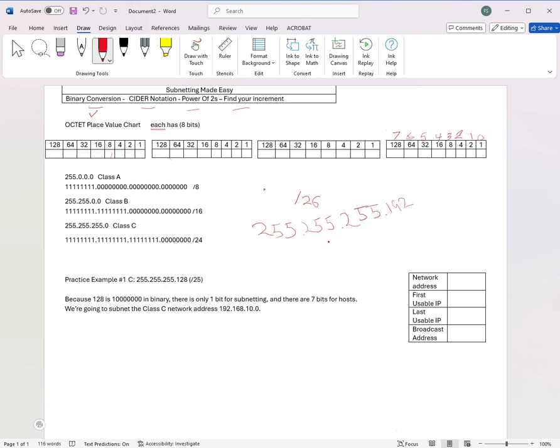This means we have an extra, I'm going to go to my octet chart now, an extra 2 bits on. So I'm going to mark my 2 bits. So we have 2 extra network bits on. The rest would be 0.